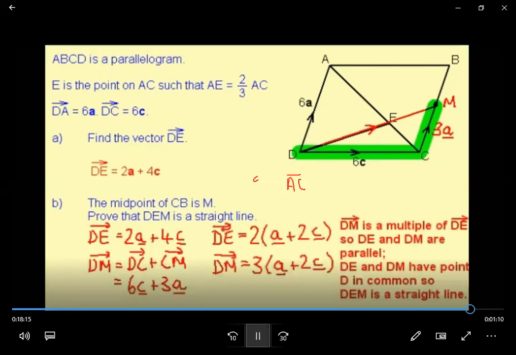They have the point D in common, so they must lie on the same straight line. So I've proved that DEM is a straight line.